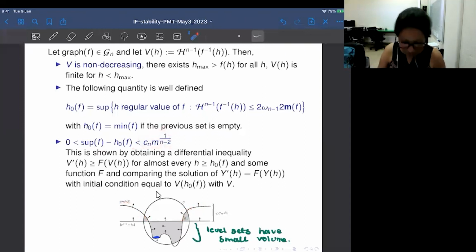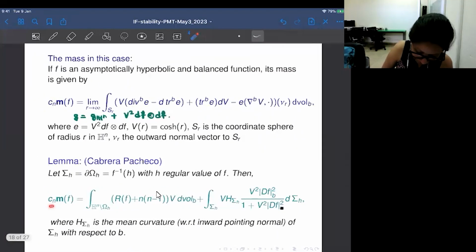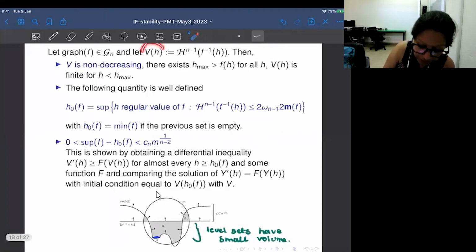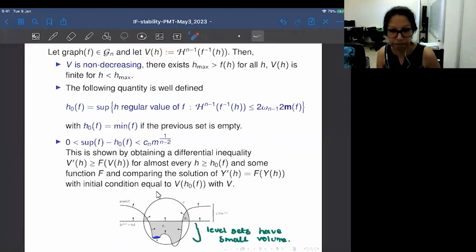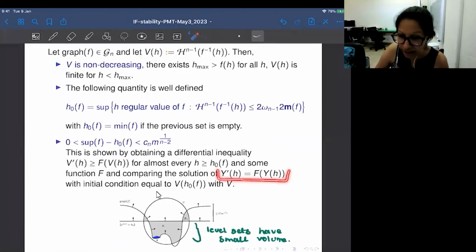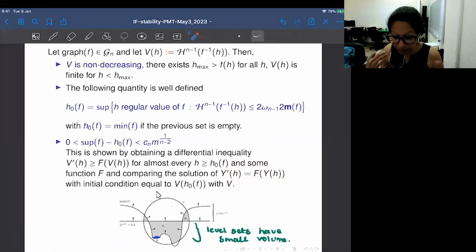Okay, and all this is done just by studying this function, using this equality and studying the derivative of the function v. So one has to find a differential inequality, solve another differential equation, and then compare the solutions of this new equation with this inequality, okay?